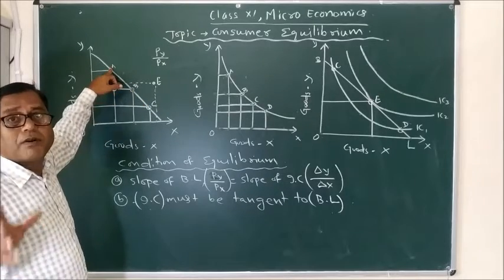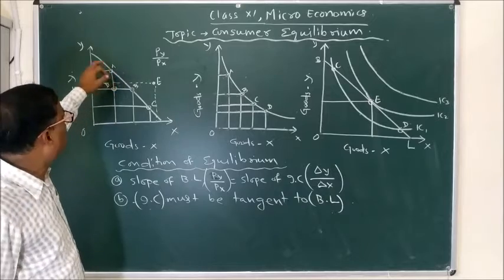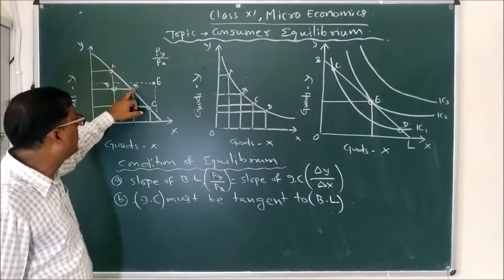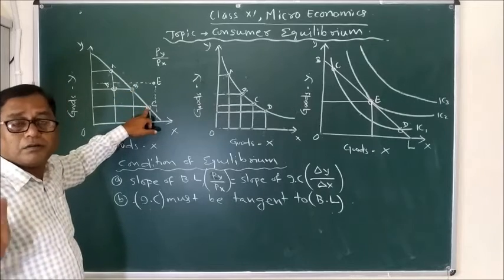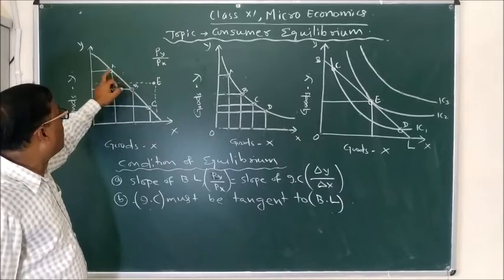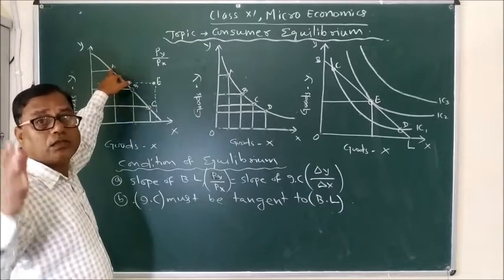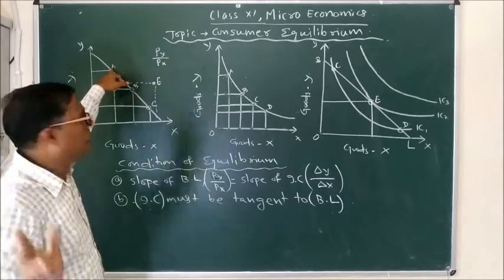That means when our consumer is spending all his money, he is able to purchase combination A, combination B and combination C as well. That means all these three combinations A, B and C are possible with the purchasing power of our consumer.